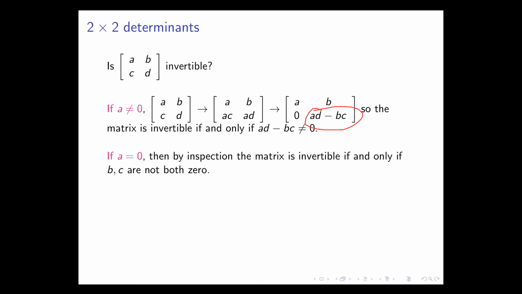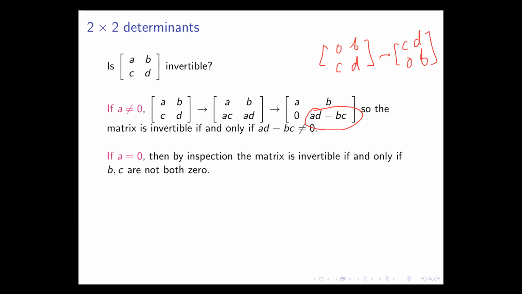Because if A is equal to 0, the matrix 0 B, C D, you can rewrite by swapping rows as C D, 0 B. And then if C is 0, it's not invertible, because the first column is 0, so it's not a pivot column.